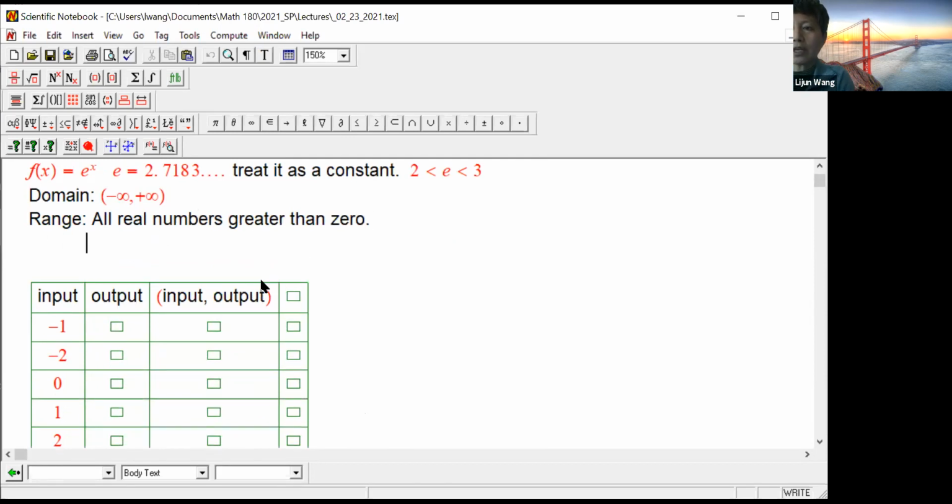But this answer is not enough. Okay, we have a one sentence domain range statement, which is e to the power x is larger than 0 for any real number.